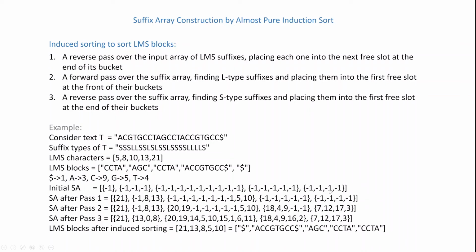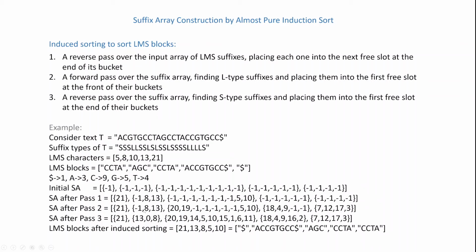In the second pass, we do a forward pass over the suffix array, finding L-type suffixes and placing them into the first free slot at the front of their buckets. So we go forward, left to right, and whenever we encounter an L-type suffix, we place it at the beginning of the corresponding bucket.